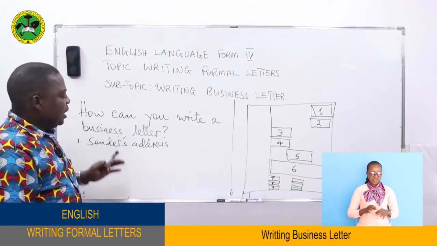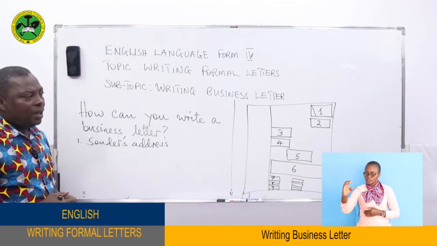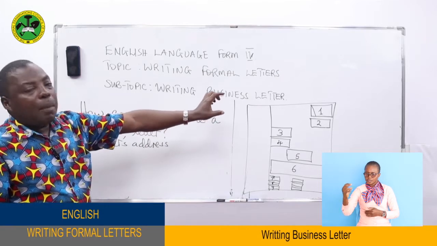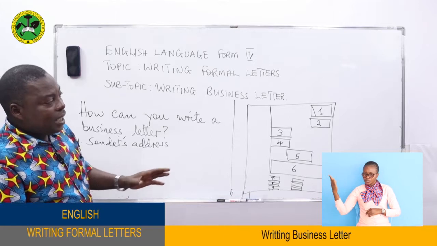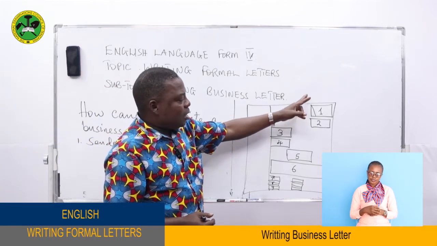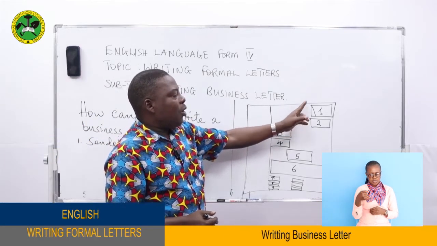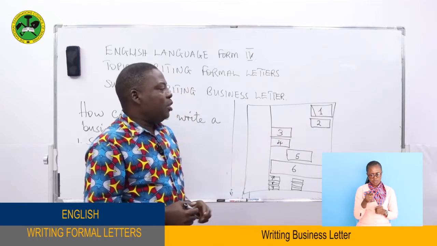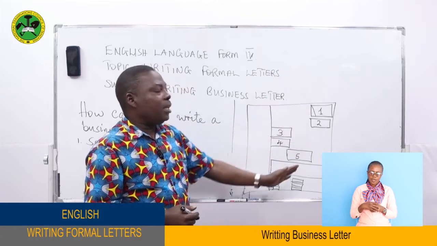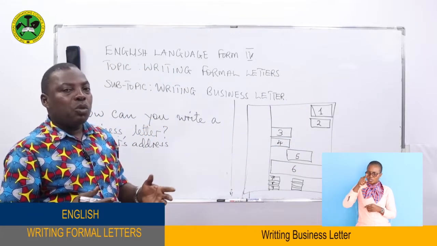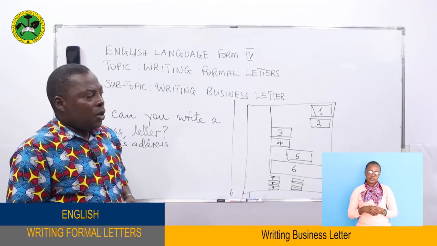How can you write a sender's address? Look at box number 1, the way it looks. As you can see, it has been drawn in such a way that you have these vertical lines, one of which is slanted and the other straight. That means we talk about block.